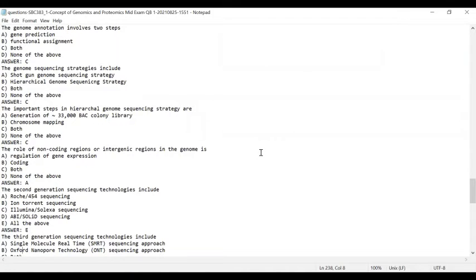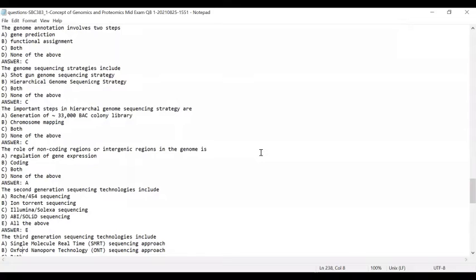Now, Balaji, the genome sequencing strategies include shotgun genome sequencing strategy, hierarchical genome sequencing strategy, both or none? Both, sir. So genome sequencing strategies include shotgun and hierarchical.